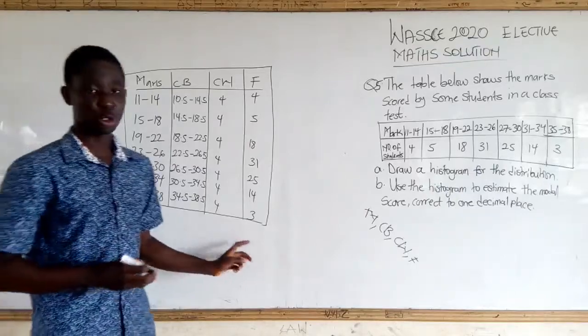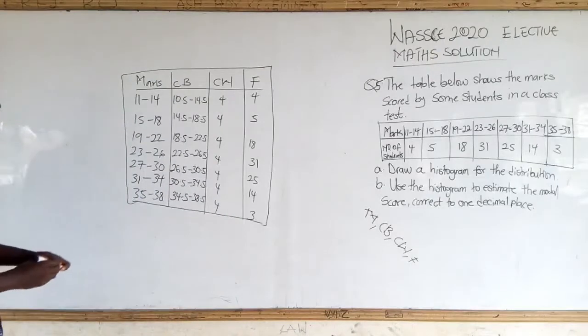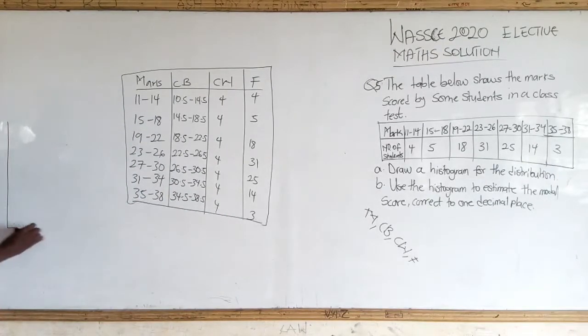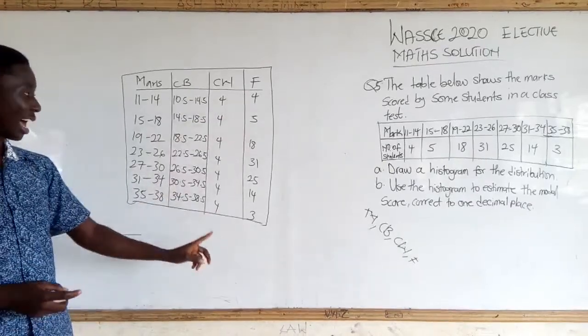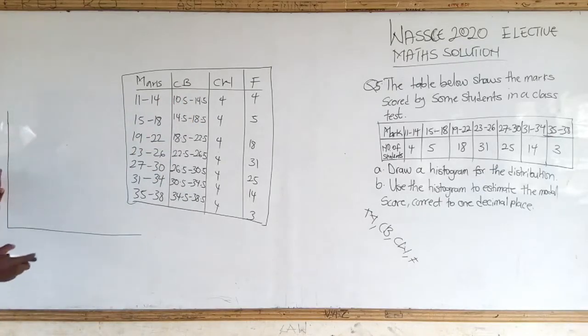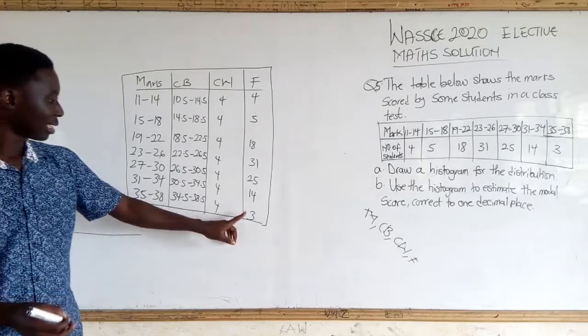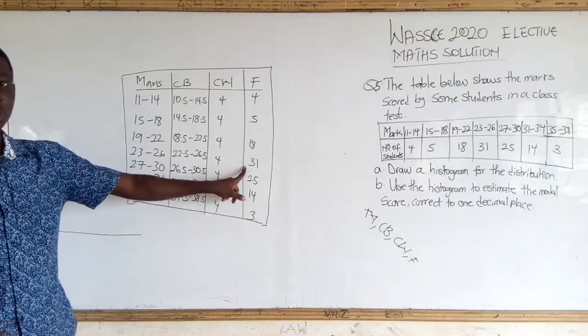So with this table, we should be able to draw the histogram. Now, the space I'm having here is very small, so let me draw it somewhere here. With a histogram, you plot frequencies against class boundaries. The frequency will be at this side, and then the class boundary will be at this side. For frequencies, 3 is the lowest one and 31 is the highest one.